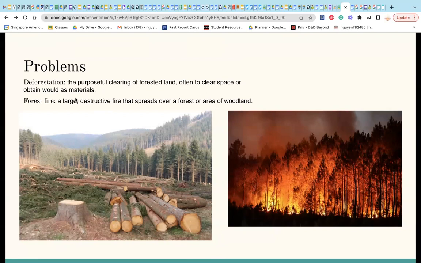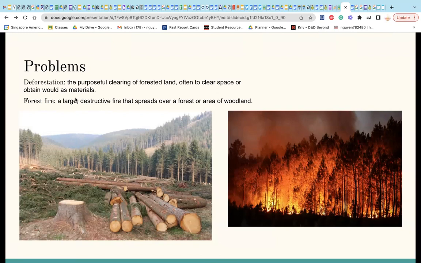And then the second problem we have is forest fire, which is a large and destructive fire that spreads over a forested area or area of woodland, because people are stupid and they leave out fire in the middle of nowhere, or it's really dry and lightning strikes and there's a fire, or climate change makes things very hot and dry, and therefore lightning strikes and the forest catches fire, because it's easier to catch fire when it's very dry.